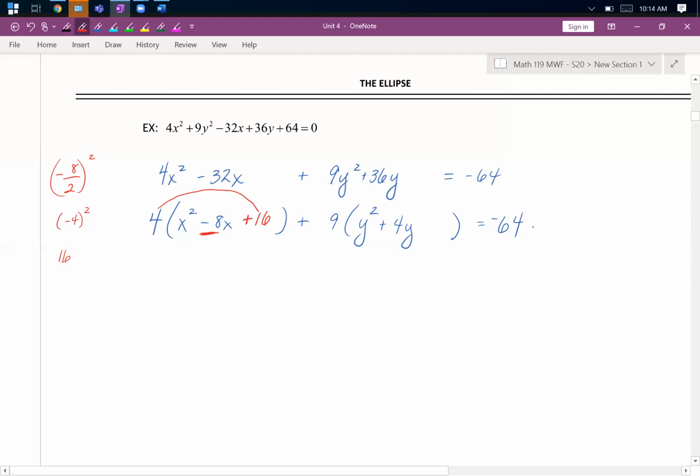So when we go to add on the right-hand side, we have to distribute whatever we factored out to the constant that we found before adding it. So we're actually adding 64 over here. That's where I see the most mistakes, is that people just add 16. Any questions on why we have to do that? Does that make sense?